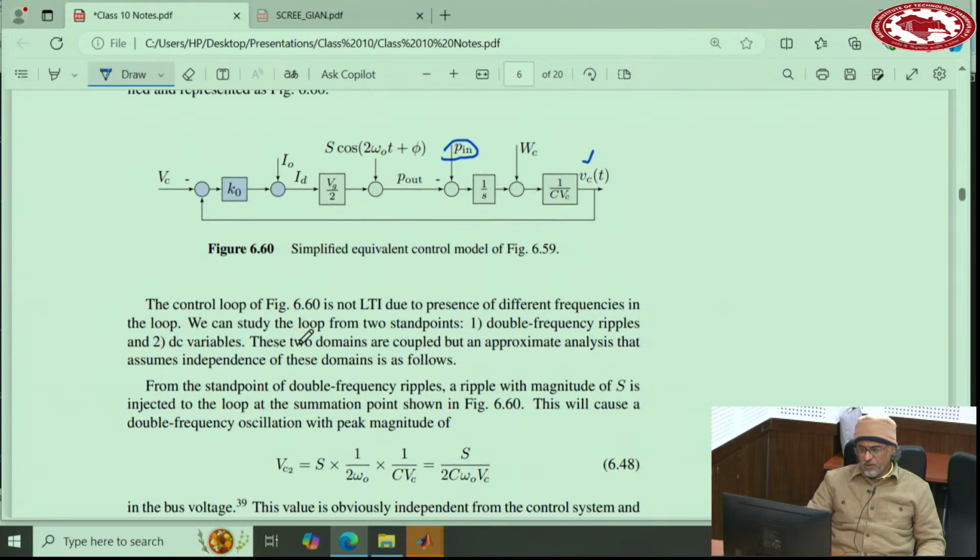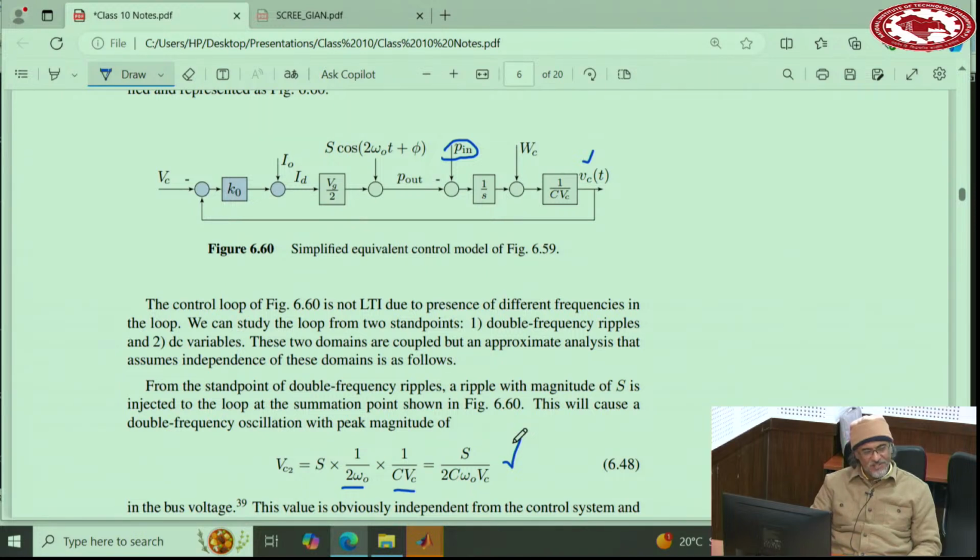If you want to see how much it will be in the capacitor voltage, this is multiplied into 1 over S, which is 1 over 2 omega at that frequency, into C. So that means how much will be the double frequency here. This equation we derived at the beginning of the previous class with another way of looking at the problem.